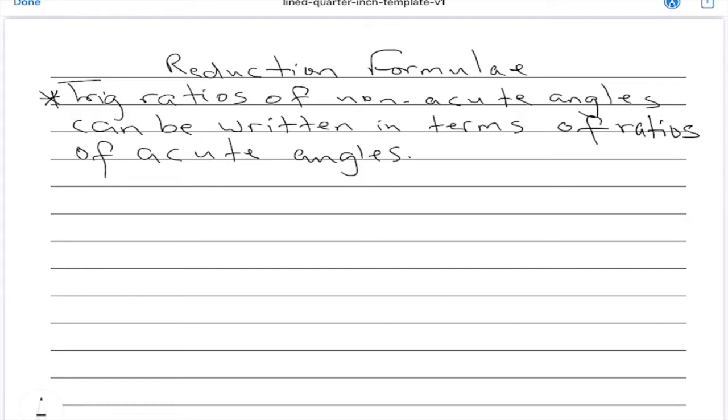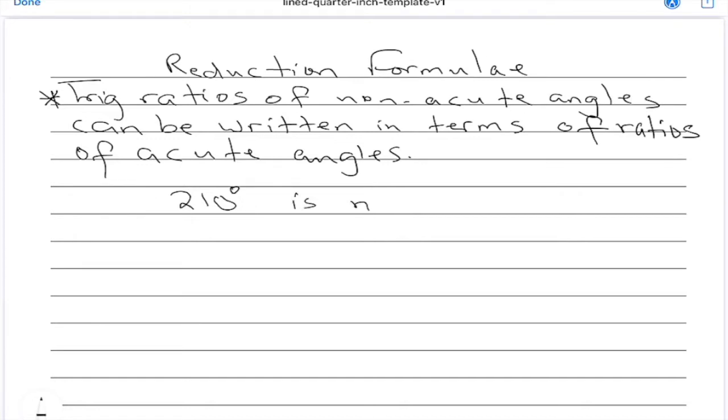In this lesson, I'd like us to develop the idea of the reduction formulae. We know, for instance, that an angle, say 210 degrees, is not acute.